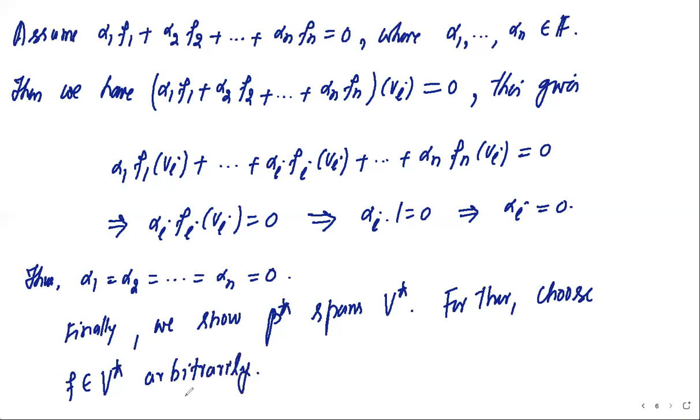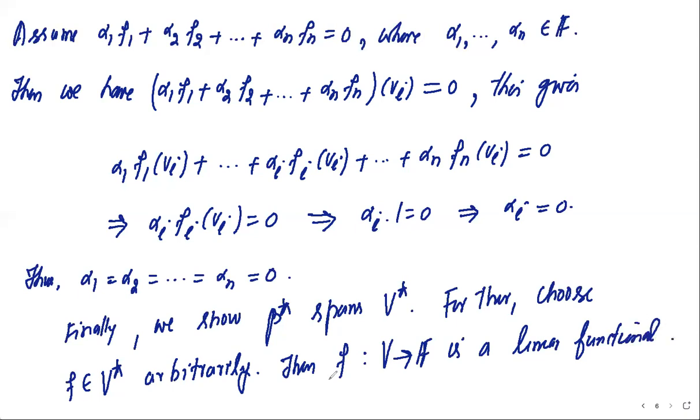Since this f is a linear functional, f is a mapping from V into F. So that means it maps every vector into some scalar.